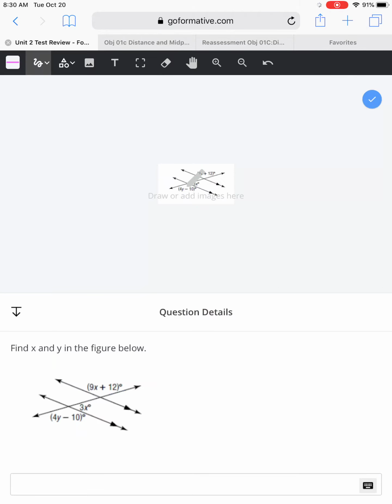Okay, 3 more. This is very similar to the other ones. I set up what I know. So I know that's a linear pair. So I know 4y minus 10 plus 3x is equal to 180 because it's a linear pair, but I can't solve it. There's nothing that I can do with that one.